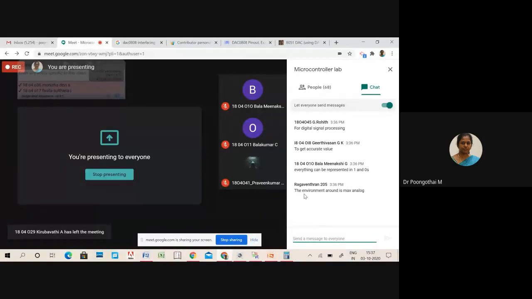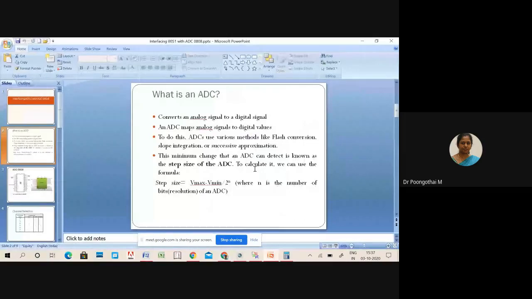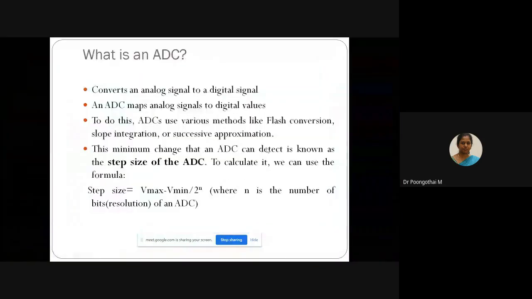In between, we need an interfacing IC to convert analog data into digital. The purpose of this ADC IC is to convert analog signal to digital.